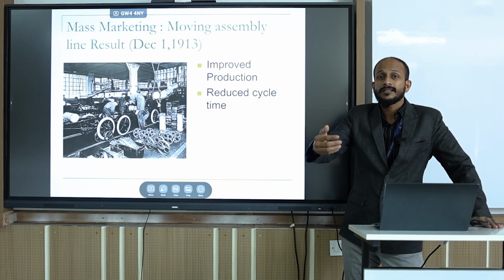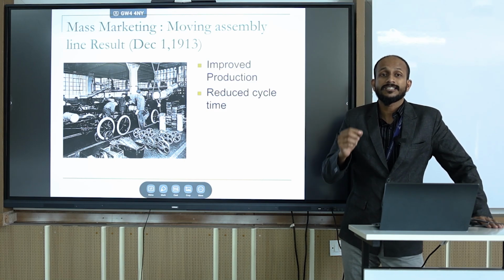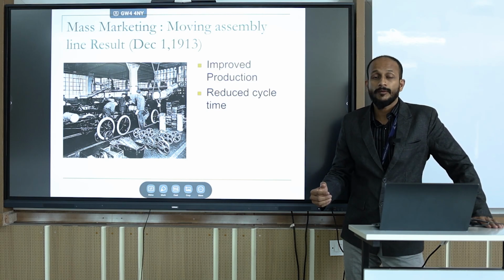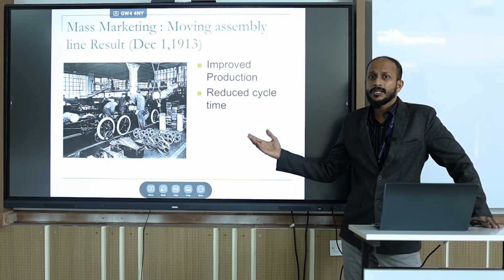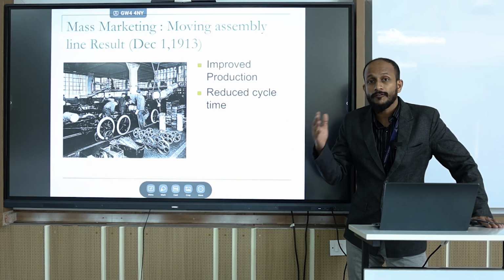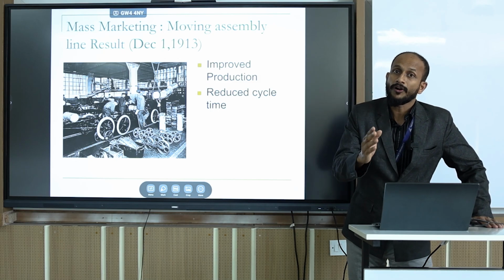The price came down from $825 to $260 for one car, and the time of manufacturing also came down. He was able to achieve this because of standardization. He standardized the model of the car as only one model, the T model.